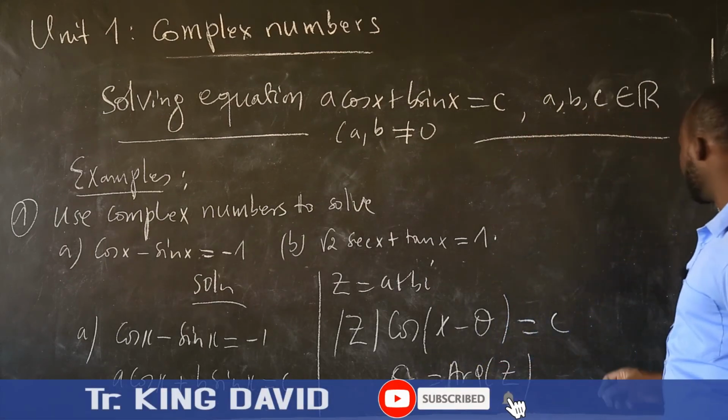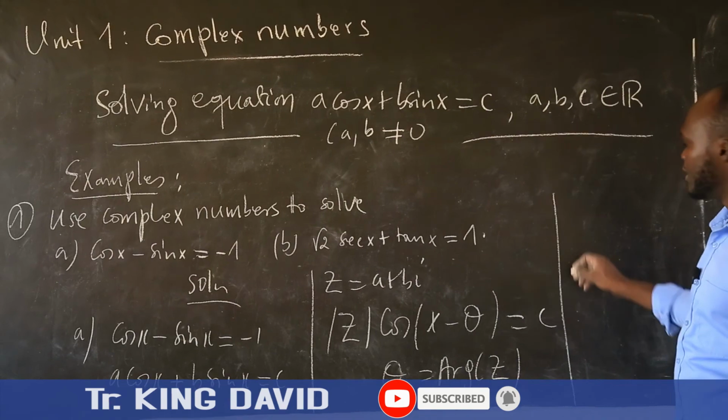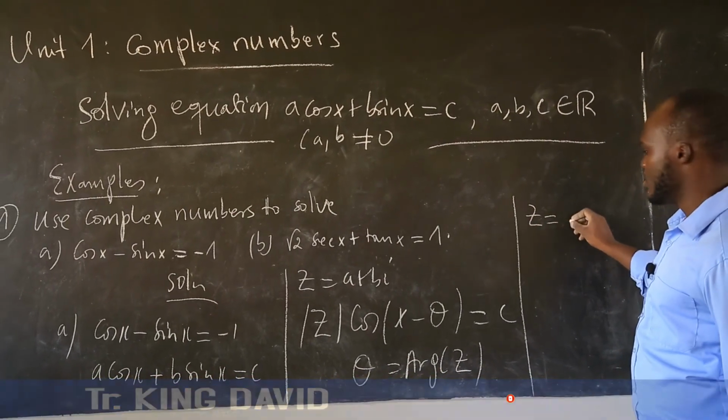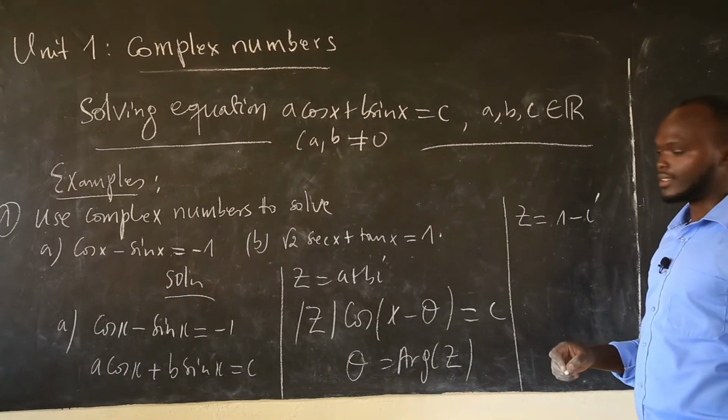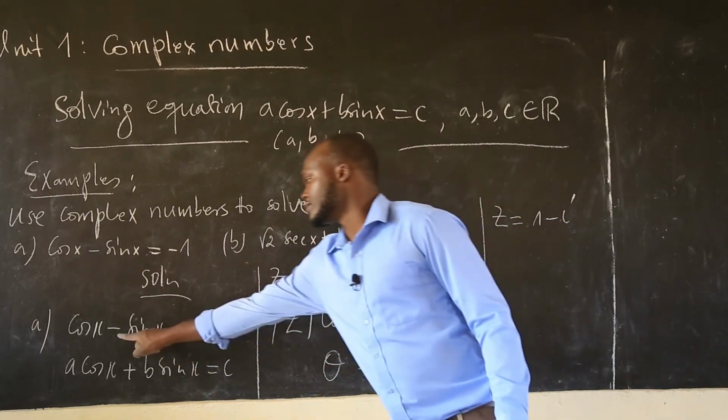So when you check there, our z will be equal to 1 minus i, because we have a minus here.